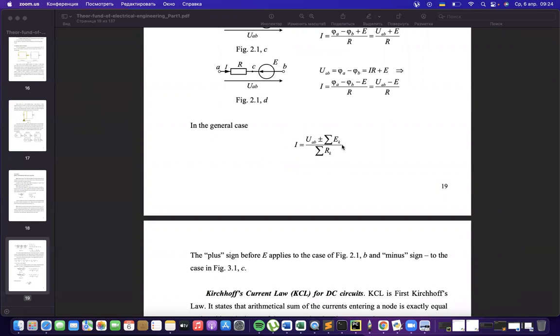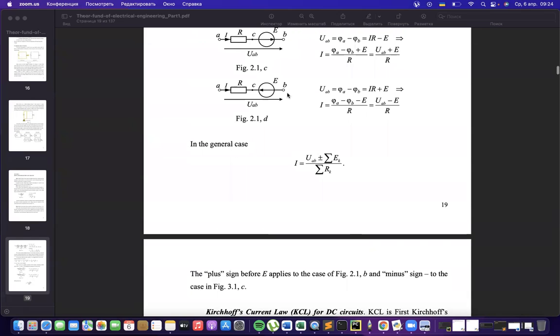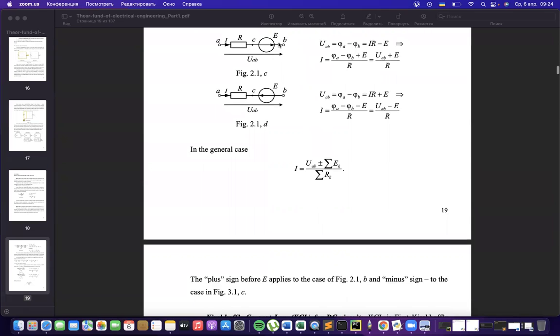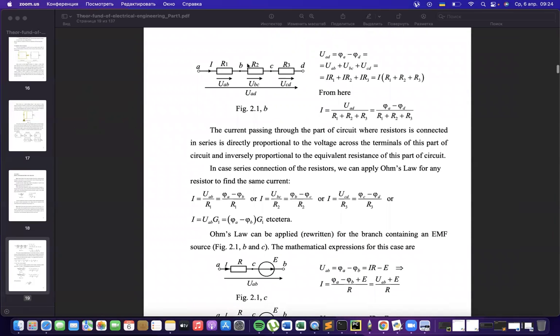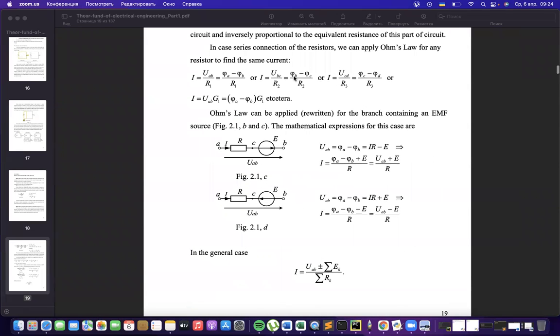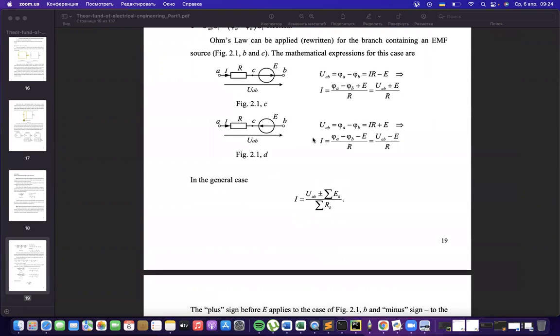We are summing all electromotive forces, all sources of energy that we have inside the branch, depending on the direction, positive or negative. Also, we are summing all resistors that we have inside the branch. It could be a couple of resistors in a single branch. The main criterion is that the current should be the same in all elements, which means that they are connected in series.